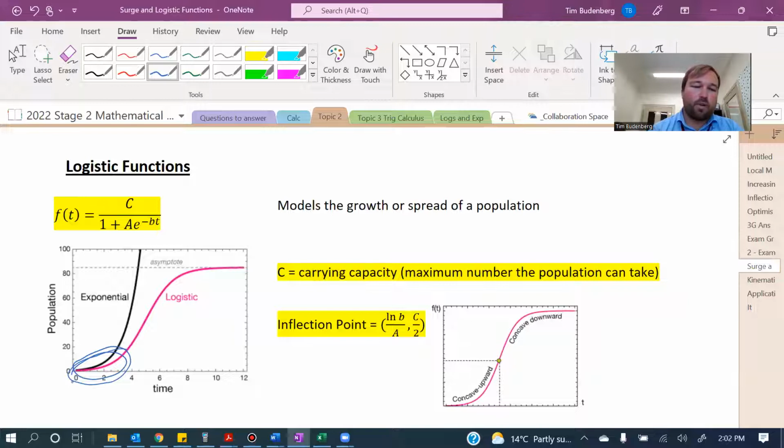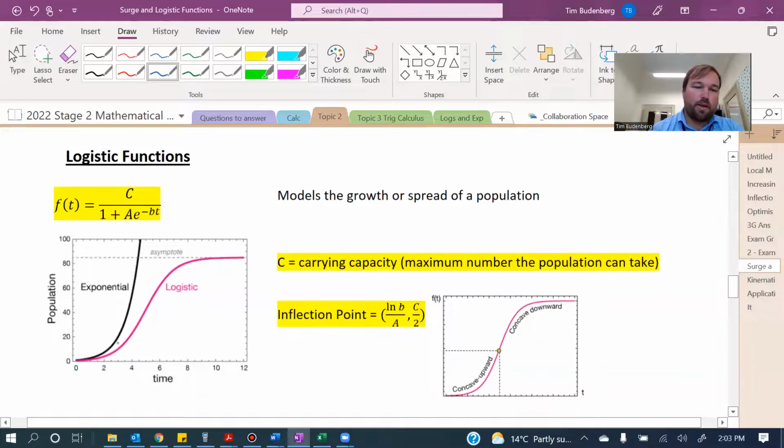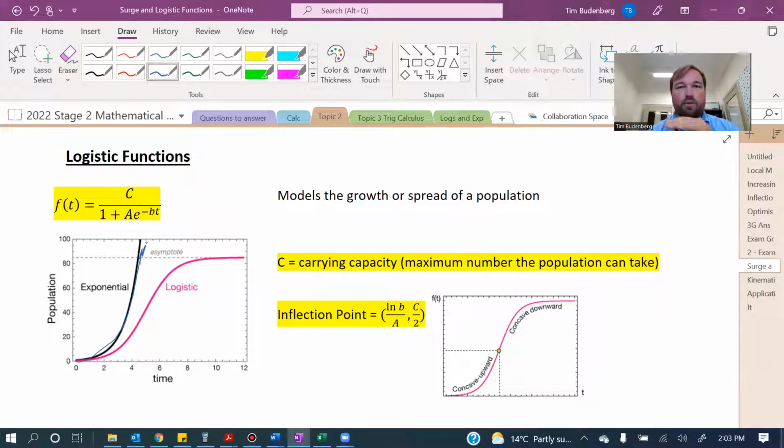You know that if you put 2 rabbits on an island, it won't continue in exponential growth forever. At some point, the rabbits are going to start running out of food. They'll start competing with each other for resources. It will level off to a natural level of a population that the island can sustain. And that's where the logistic curve is great.